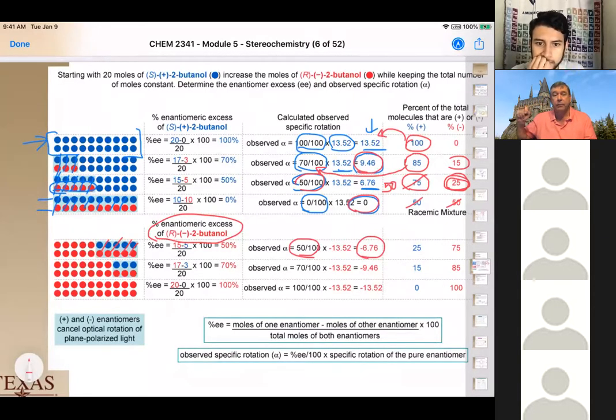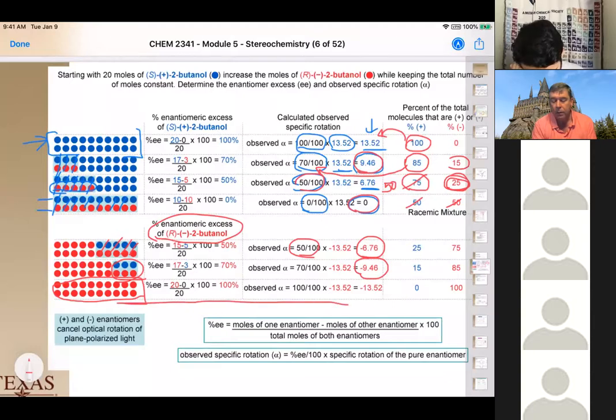Notice it's negative, right? The S goes positive, the R goes equal and opposite, negative. So as we increase the concentration of R, we get a more negative number. And after we have a pure amount of R here, we get the full equal and opposite number.